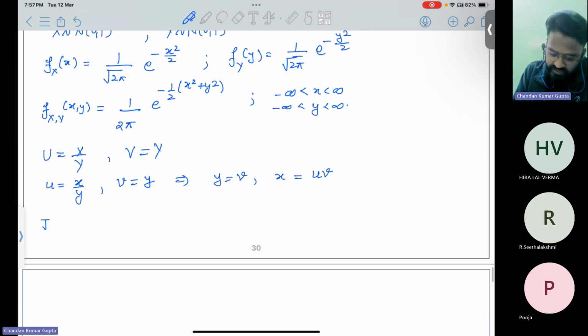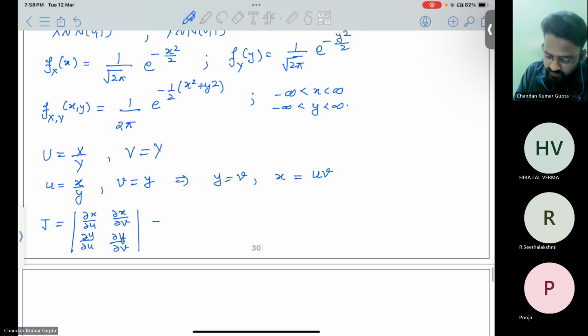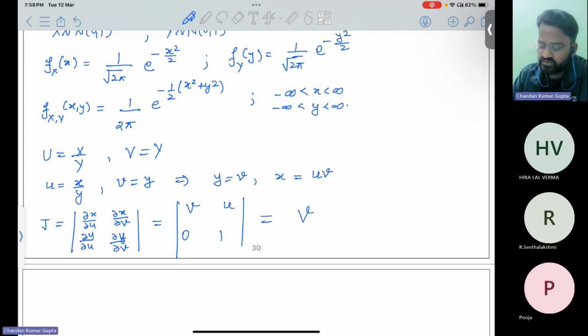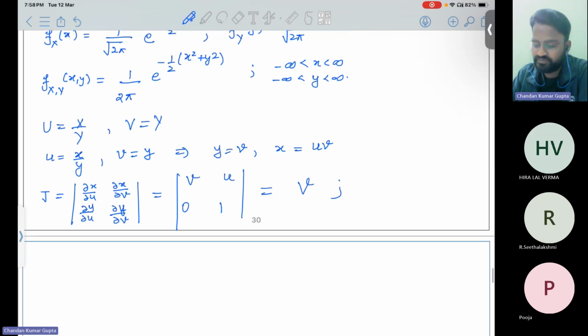Now the next step is to calculate the Jacobian: x u, x v, y u, y v, which is v, u, 0, 1. So it is v, and we have taken the mod.